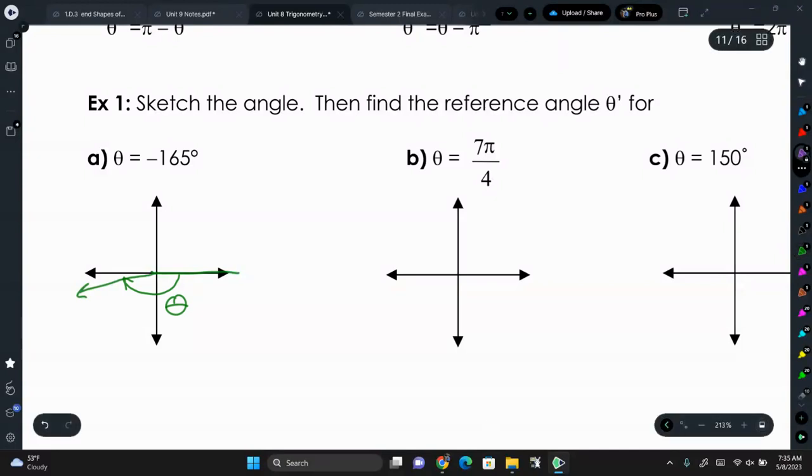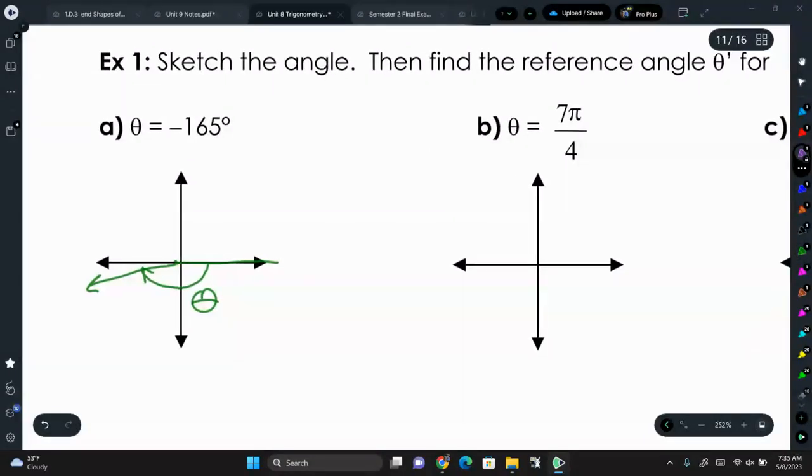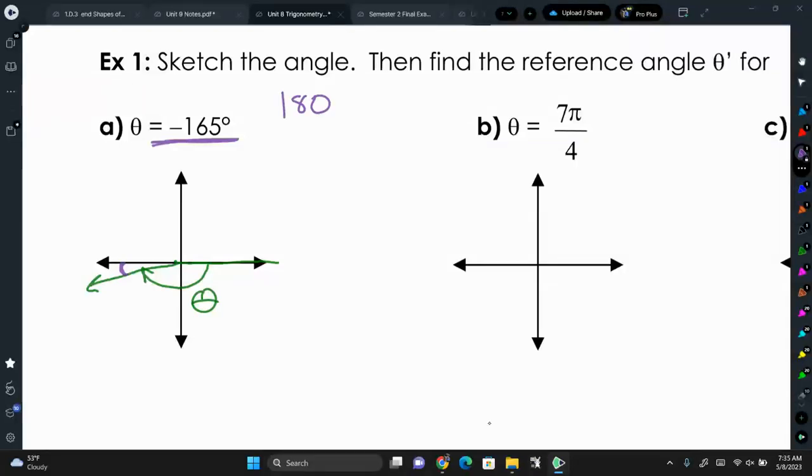Now for the reference angle, we're trying to figure out the measure from our terminal side to the nearest x-axis. So we can say it was a half circle, and then we add this negative angle. So 180 minus 165, and that's 15. So this little angle right here is 15 degrees.